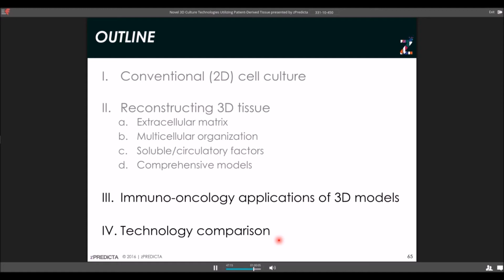So some of the applications of the 3D models for immuno-oncology, looking at the CAR T cells, checkpoint inhibitors, different antibodies or antibody drug conjugates, and various immunomodulatory agents like lenalidomide, things like that.